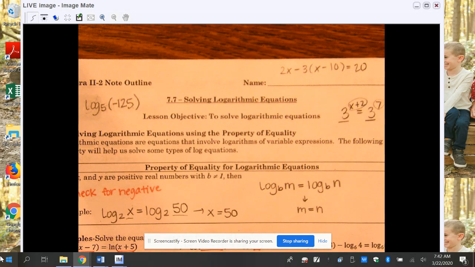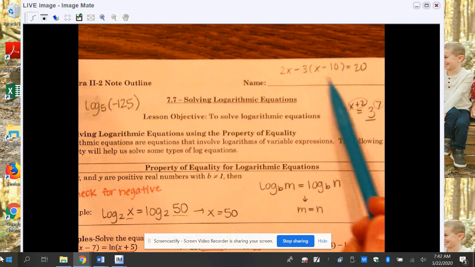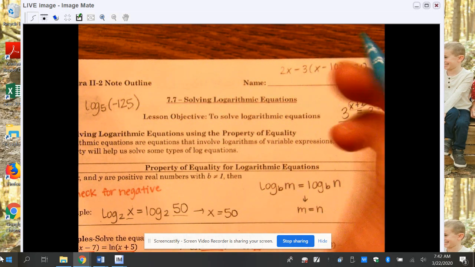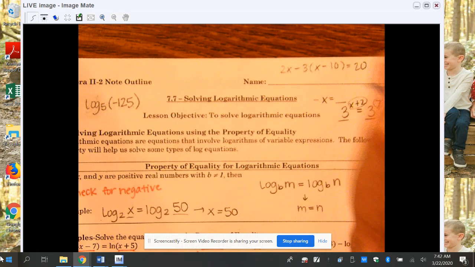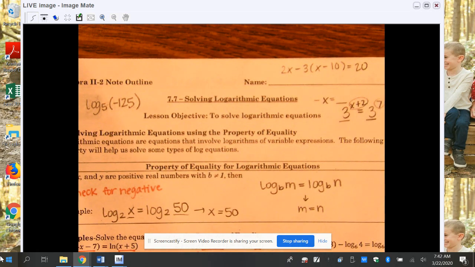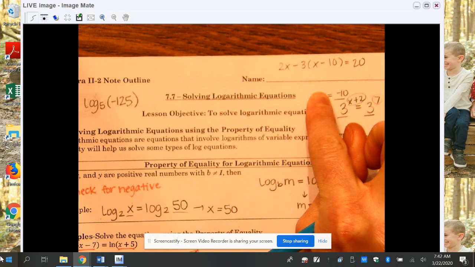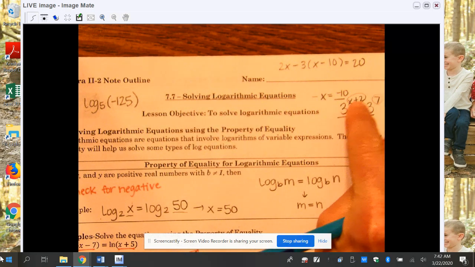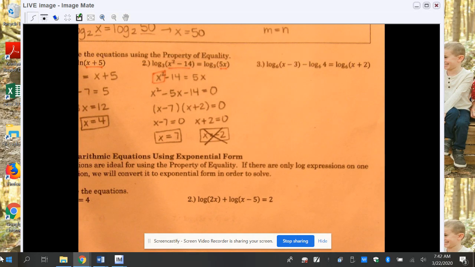But if I were to give you this equation, our goal would be to use all the properties of algebra to get down to negative x equals something. I don't know if it would be what? Negative 10, I think, if I'm doing my mental math correctly. So we're trying to get one variable component on the left and one constant on the right in order for us to solve. So it's kind of the same thing here.